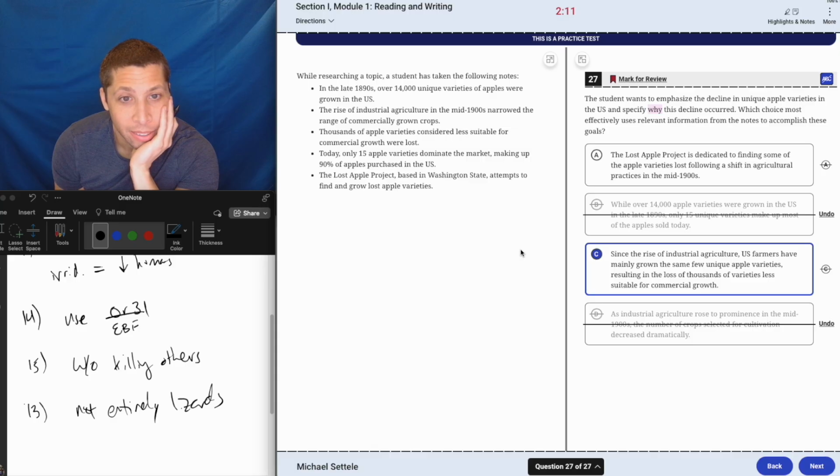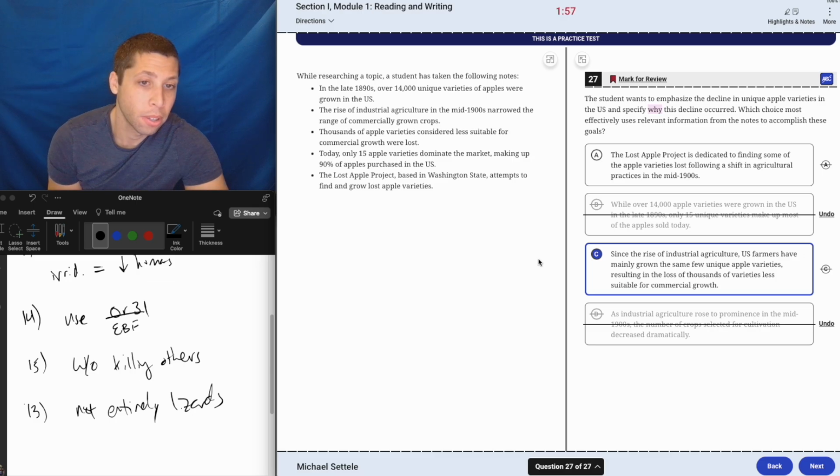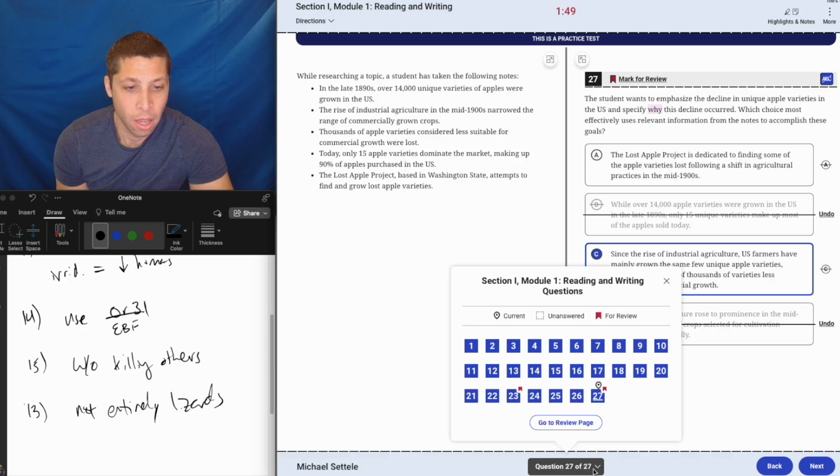So, and why the decline occurred. And it does say the rise of industrial agriculture narrowed the range, right? I mean, it's using the same words. Same few unique apple varieties. Yeah, I'm good with it.